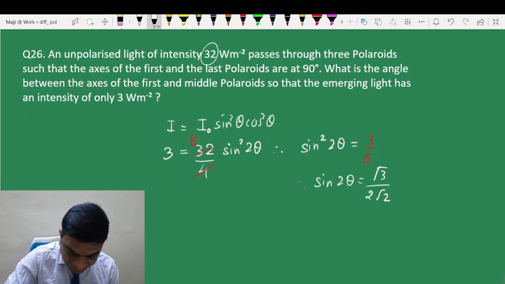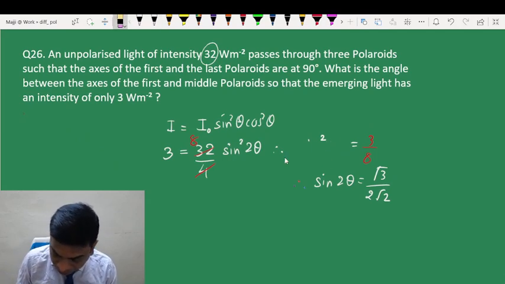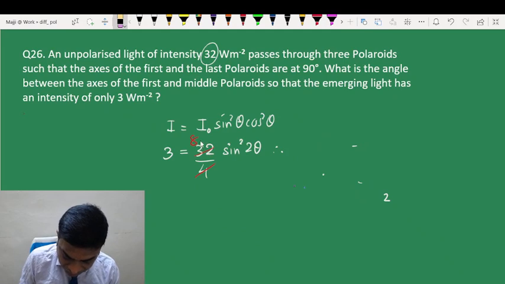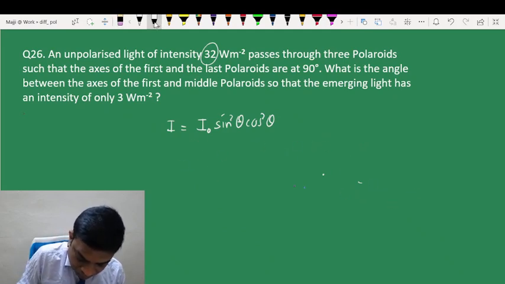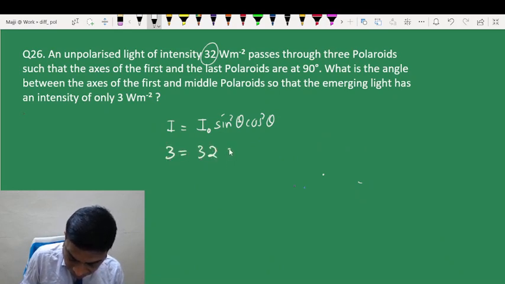Or we'll do one thing. Let us see, so this is 3 and this is 32, and this is sin square theta cos square theta.